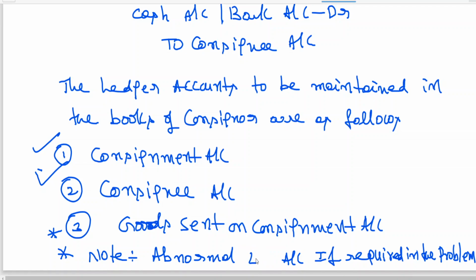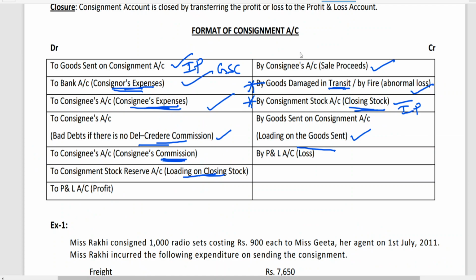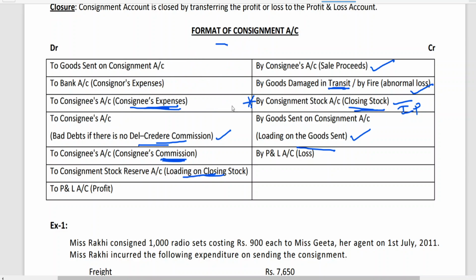Is this clear to all of you? The consignment account pro forma has already been given. Format of consignment account, in the books of consignor. Now these things we have already learned, no?